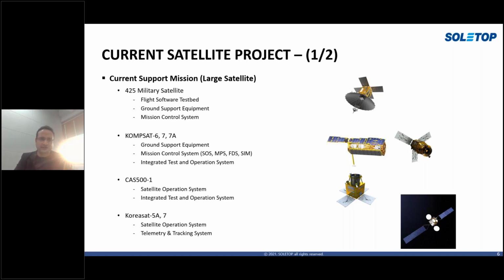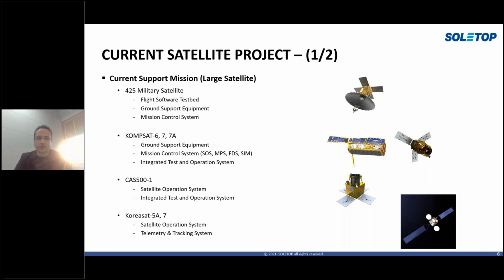So COMSAT 677A are the next series of the weather satellites in Korea. The COMSAT is the prominent part of Korean satellite or space program, and Soletop will be involved in ground support equipment as well as mission control for SOS, mission control and processing, FDS and SIM. We will do the integrated tests and operation systems as well.